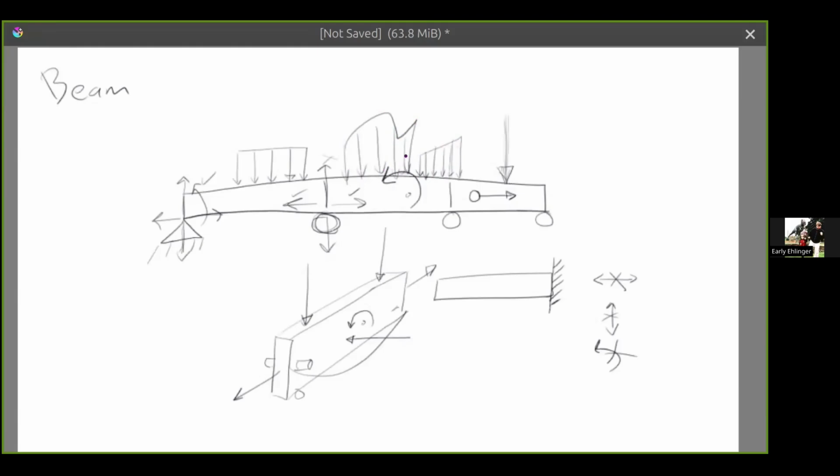And you can have all kinds of different shapes of forces as well. But for a beam, the important thing is that all forces are in the same plane as the beam, and any twisting is about an axis perpendicular to the beam and perpendicular to the whole system. So if you draw it this way, the axis of the twisting is perpendicular to this whole system.